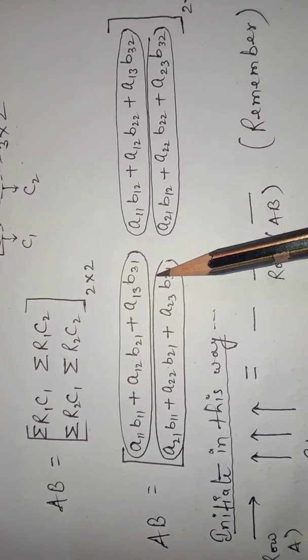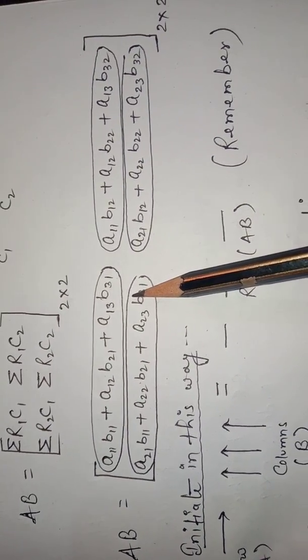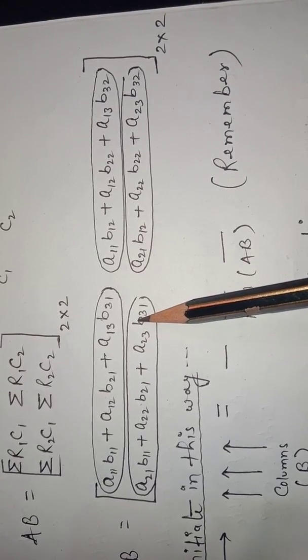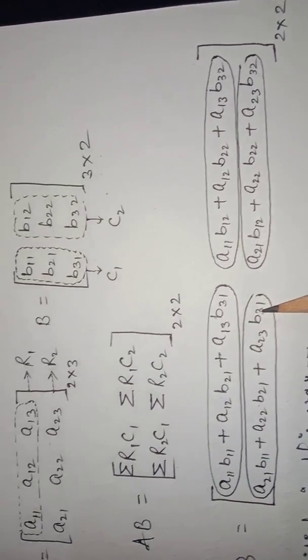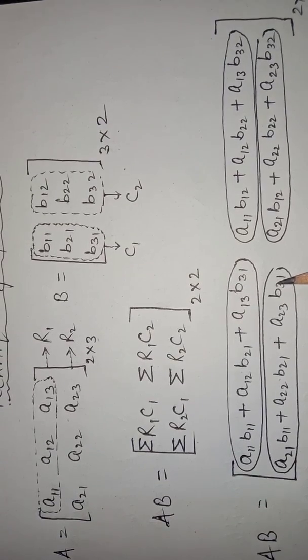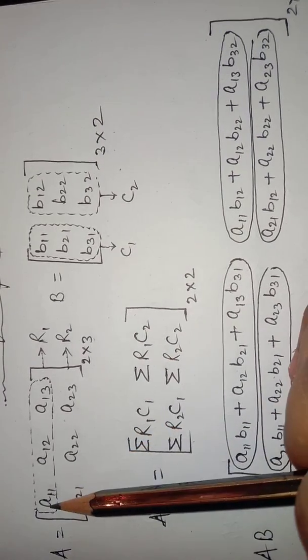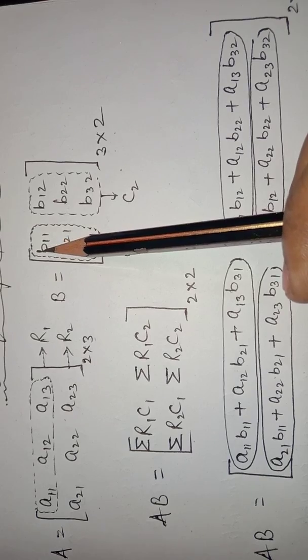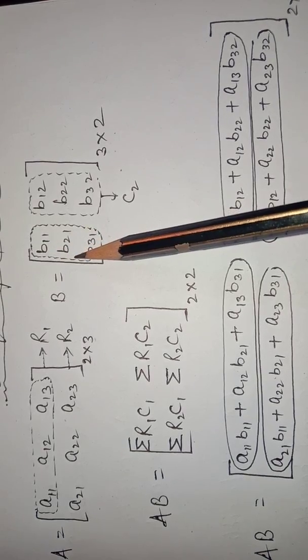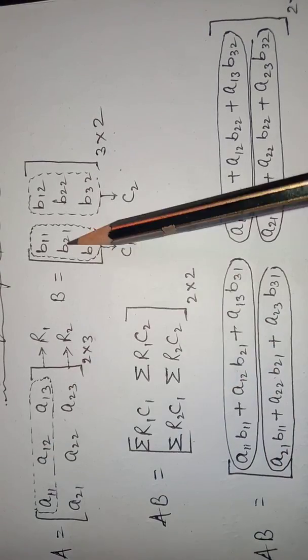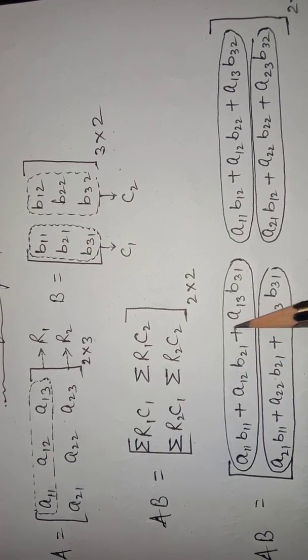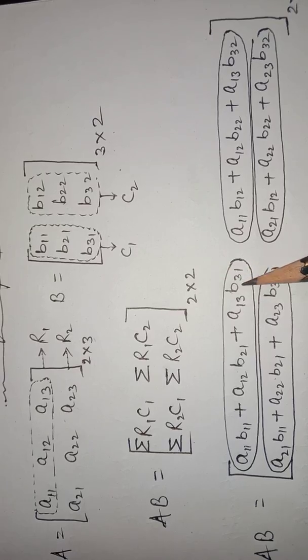Here I have mentioned how we are getting this. Just see, you can see here A11 B11 plus A12 B21 plus A13 B31.